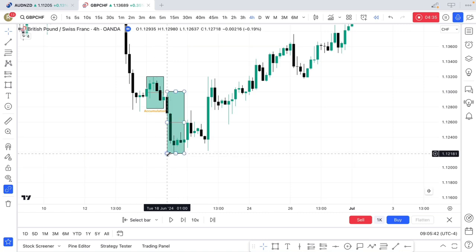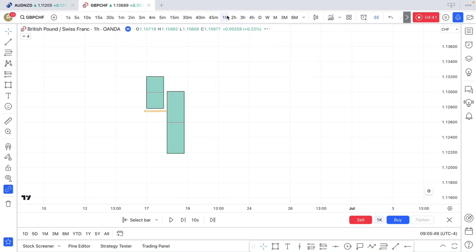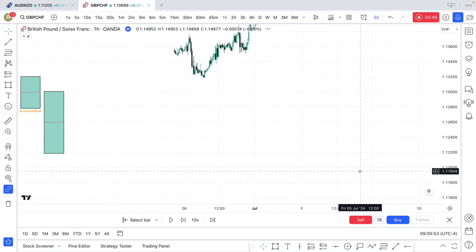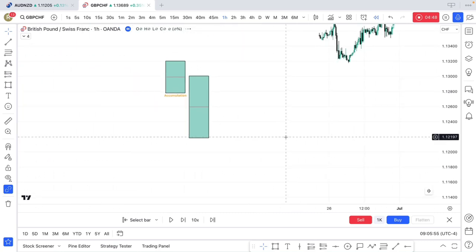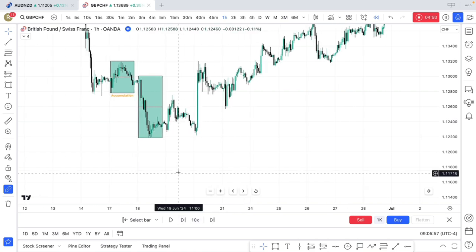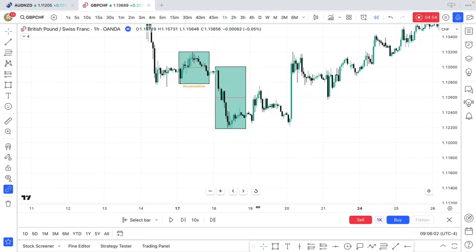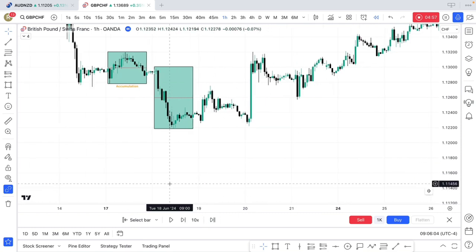It does a turtle soup here. So when you come on Tuesday, you are waiting for what? What will happen at 8 a.m.? You wait and look for what happens on 8 a.m.